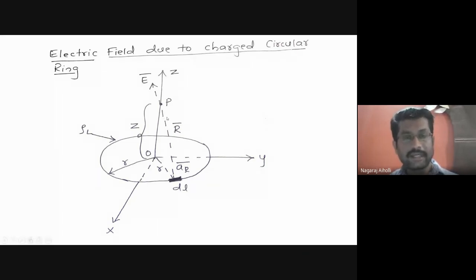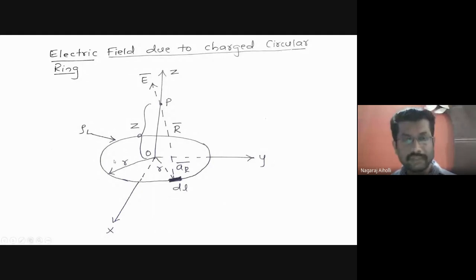We are assuming a small elemental length dl with a charge dq, and we are finding the electric field intensity due to this elemental charge dq with the length dl at the point P. Later, if we integrate that, then we will get the net, or total, electric field intensity due to this charged circular ring at the point P. Clear here?